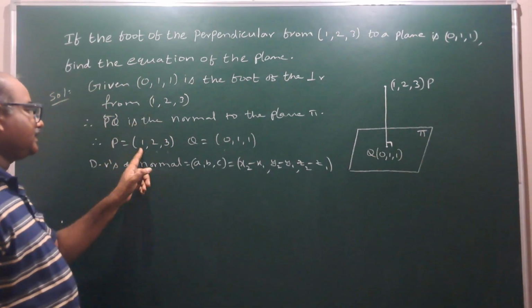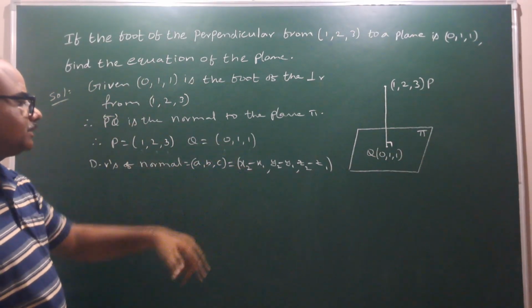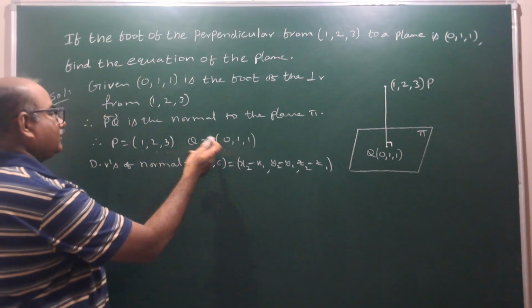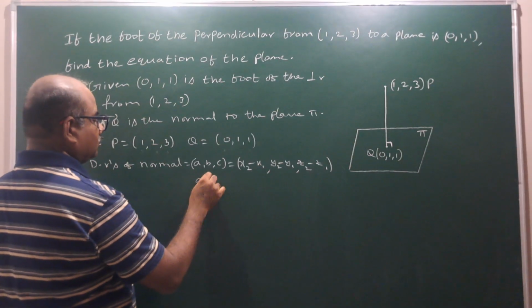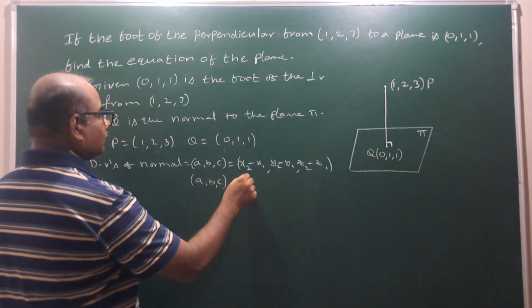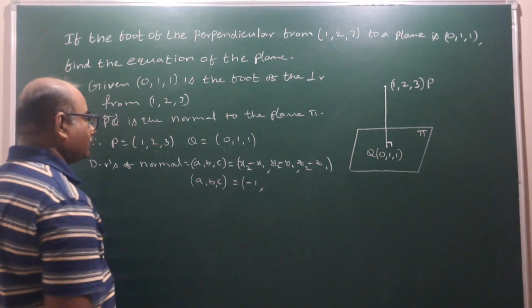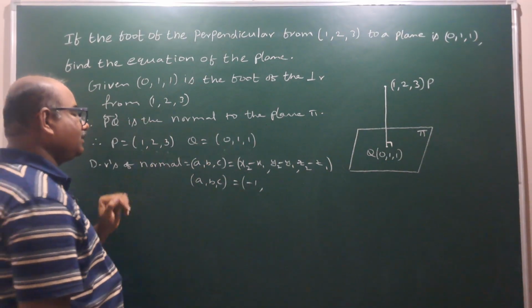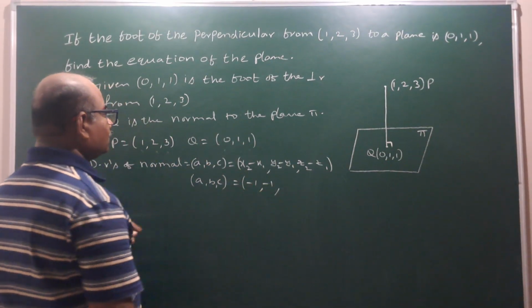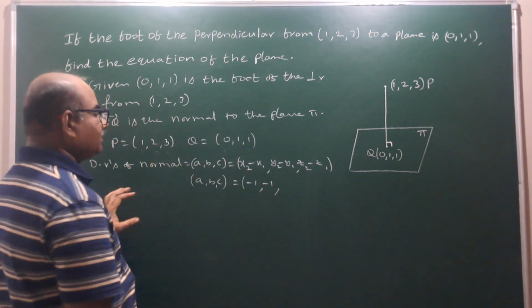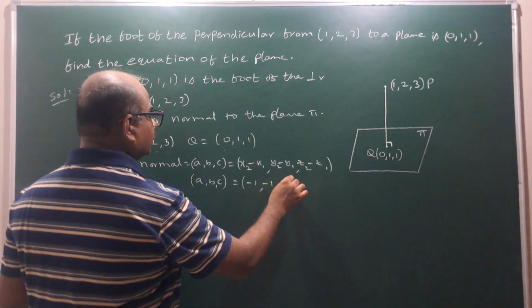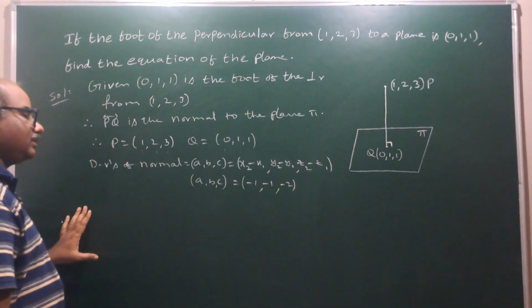So x2 minus x1 means 0 minus 1, which is minus 1. y2 minus y1, 1 minus 2, means minus 1. z2 minus z1, 1 minus 3, means minus 2. So these are the DRs of the normal.